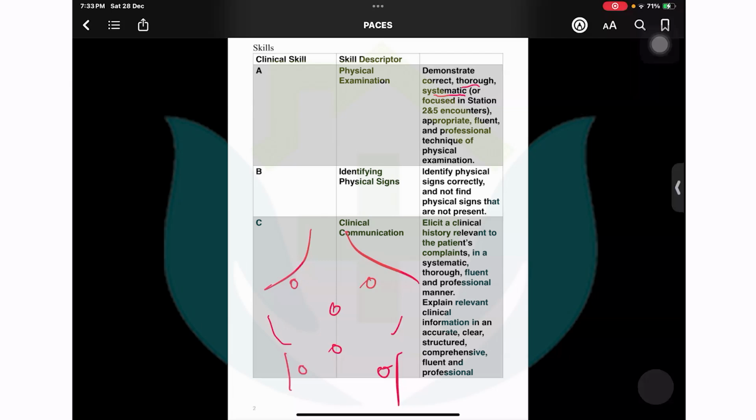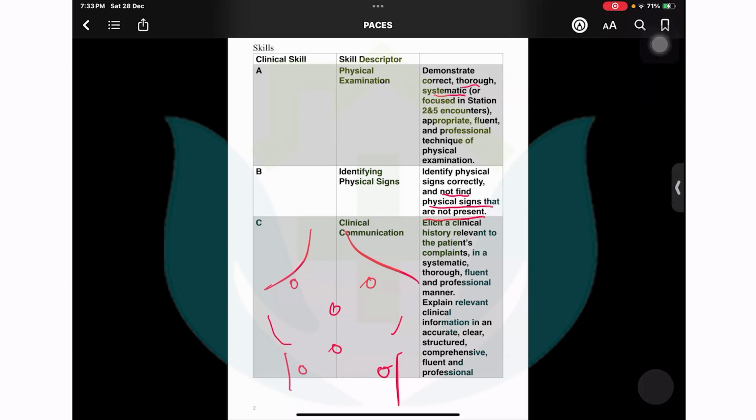It has to be fluent, it has to flow from you, and then it becomes clear. Identifying physical signs correctly, not finding physical signs that are not present. This is very important. They are told to assess you on that. If you tell them anything that you could not find, like in India we say tukka, that you just bluffed, they will know that you have bluffed.